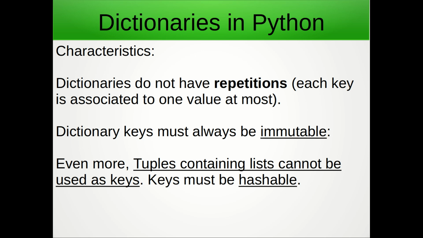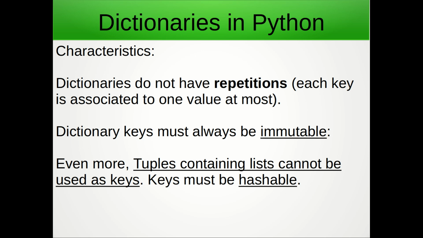Okay? But the keys need to be immutable, because once I have set up this structure for the keys, if I change one, then all of my structure might come crashing down. All of my hash table or search trees or whatever I'm using might get broken if I change the keys midway. So because of that, dictionary keys must always be immutable.